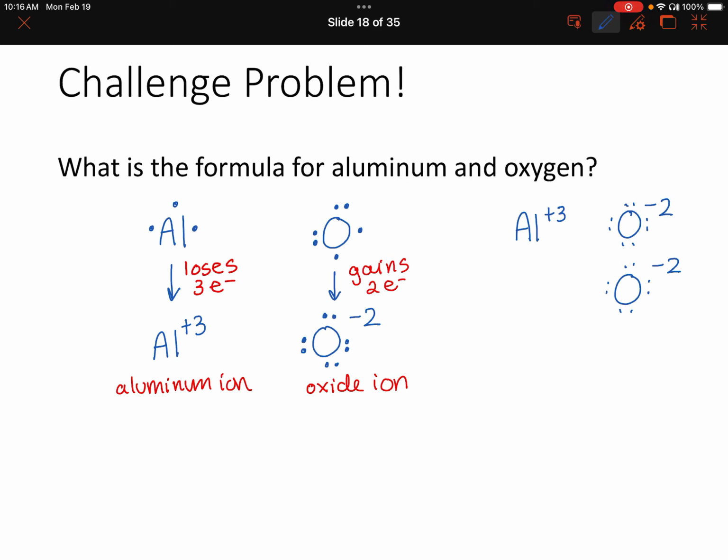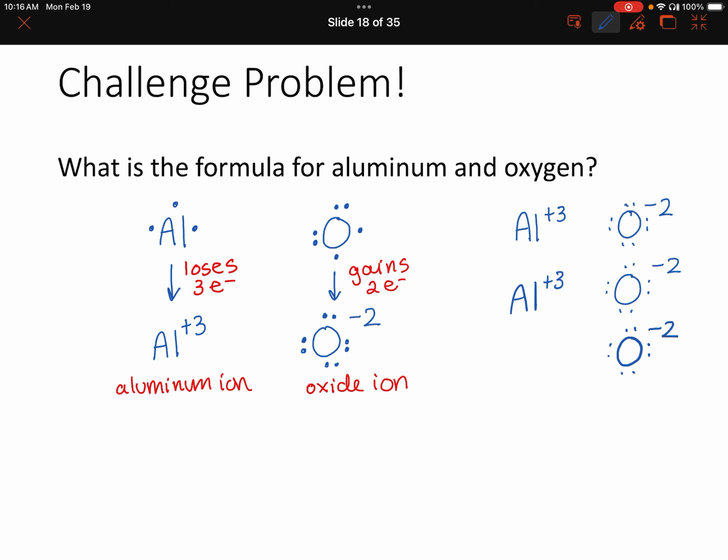Okay, so now we have too many negatives, not enough positives. So let's add another aluminum ion. Okay, so now we have +6 from our aluminum ions, but we only have -4 from the oxide ions. So let's add another oxide. We need more negatives.